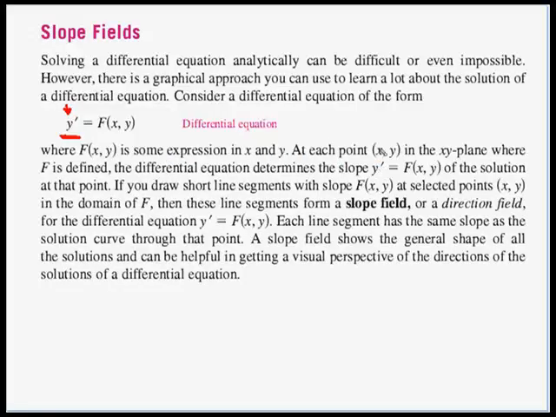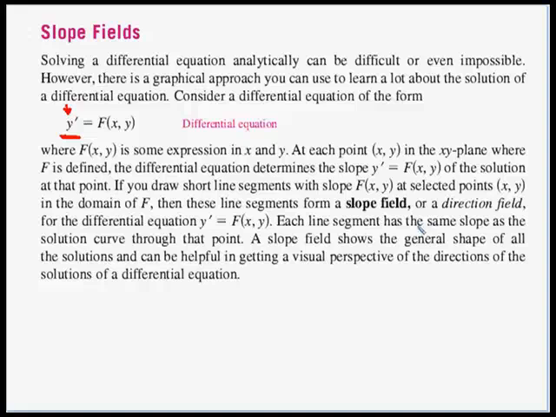At each point x comma y in the xy plane, where f is defined, the differential equation determines the slope y prime, equal to f of x y, of the solution at that point. If you draw short line segments with the slope f of x y at the selected points in the domain of f, then these line segments form a slope field or a directional field for that differential equation.